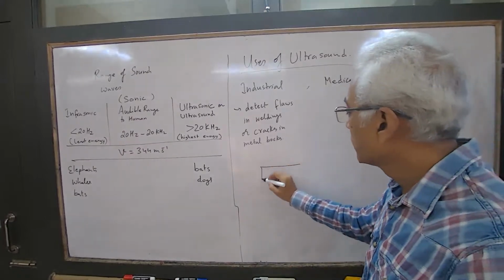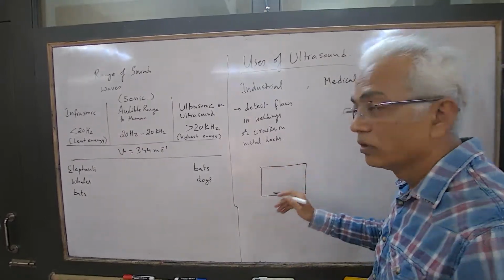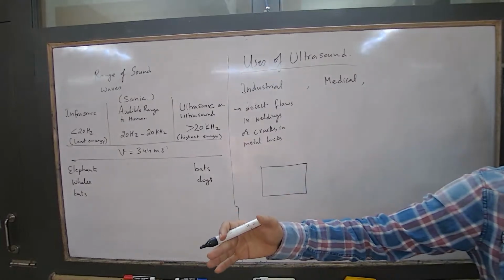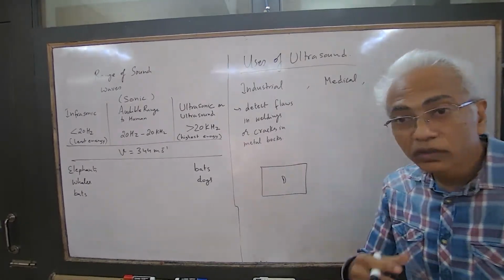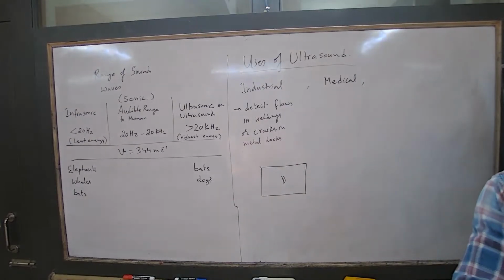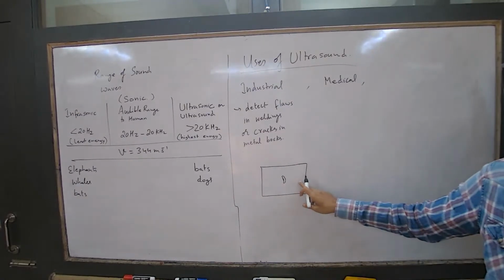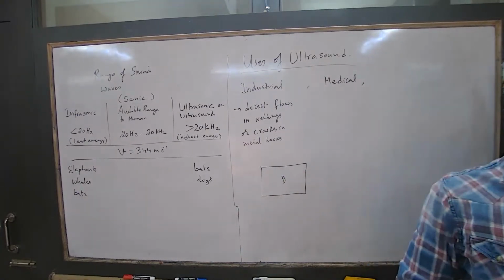So what happens is, let us say this is a big metal block used in construction, etc. And it has a cavity inside, which is not visible from outside. It is supposed to be a solid metal block, but inside there is a cavity.